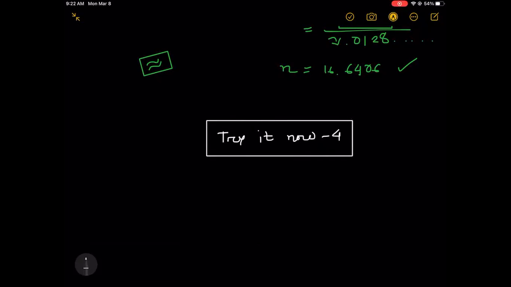And for that, we'll try to solve a similar problem, which is example 14 now, so that it makes sense. Hopefully you can use this idea to solve Try It Now 4. And hopefully I'll post a new homework today, so keep an eye on the announcement as well.